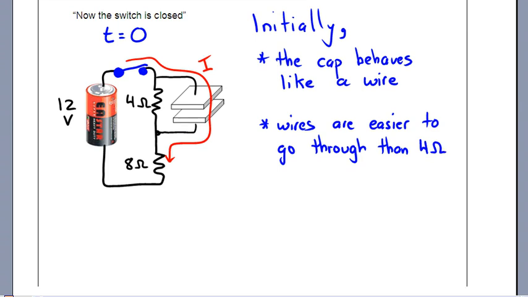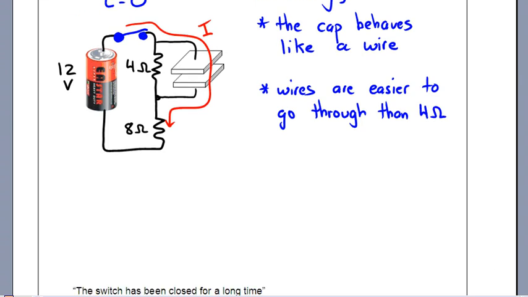So if I was trying to figure out how much current is actually going to flow in this story, so this is all initially. This is all a transient story right now, just at t equals 0. If you go and play with Ohm's law and say, well, I've got a voltage pushing and a resistance that's fighting, you've got 12 volts pushing, and you really only have 8 ohms. You're bypassing the 4. It's like you've got a wire over there.